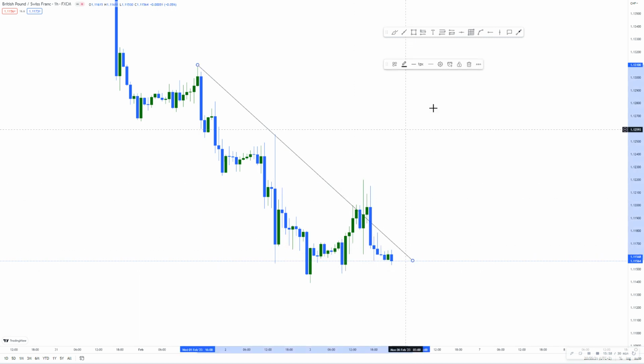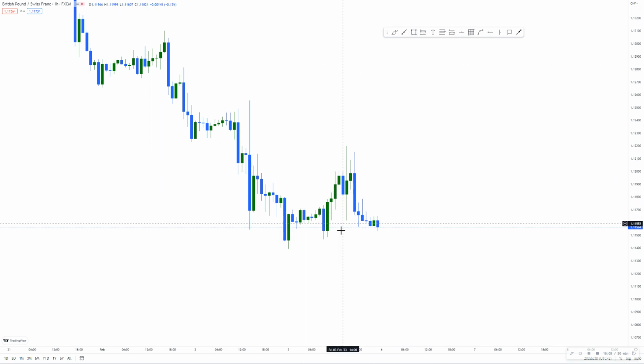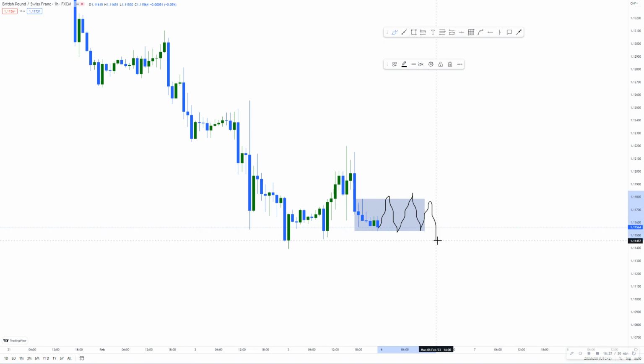So what I'm talking about is we'd wait for the next distribution phase. So right now, we could actually wait for the market to create a problem, possibly see price playing around this area. So creating highs, creating lows, creating highs, creating lows, and then possibly take some liquidity, right?